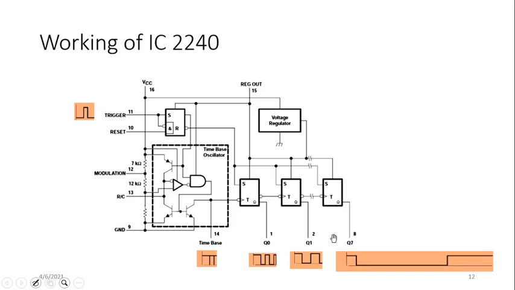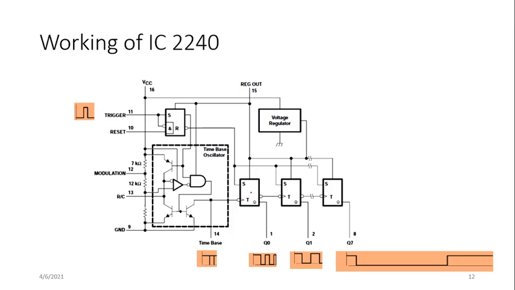Then this is F1 divided by 2, then F1 divided by 4, and finally this is F1 divided by 128. A very long waveform is generated there. How many such outputs are there? 8 outputs are there. And 8 different outputs are generated at the output of the IC2240.